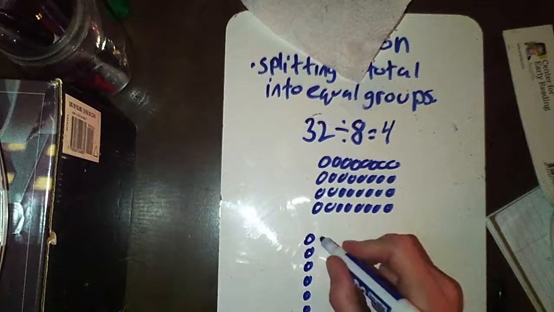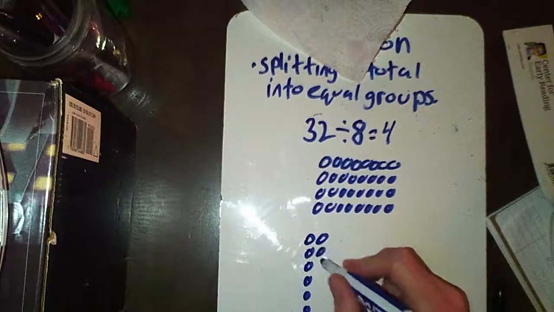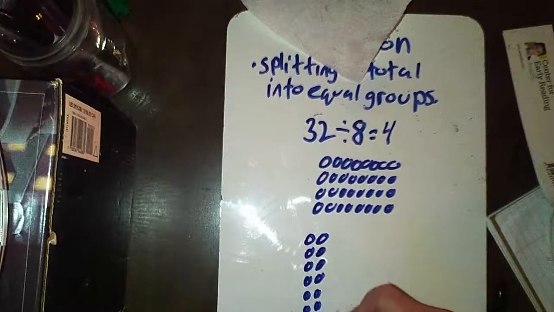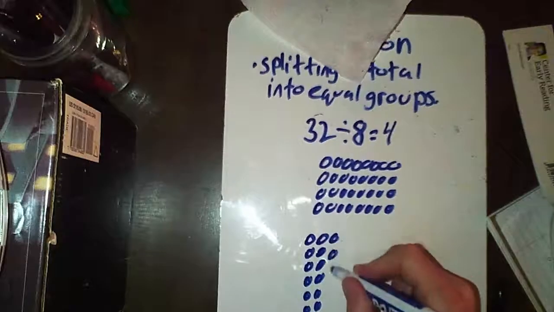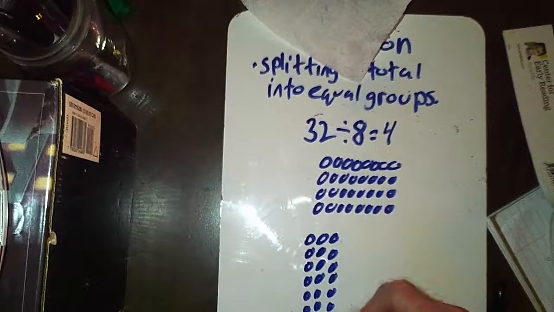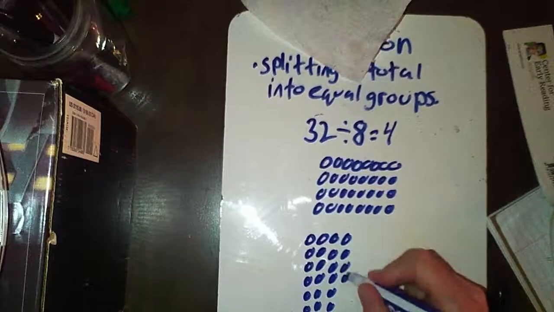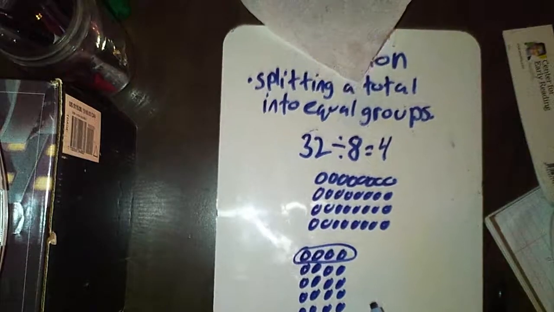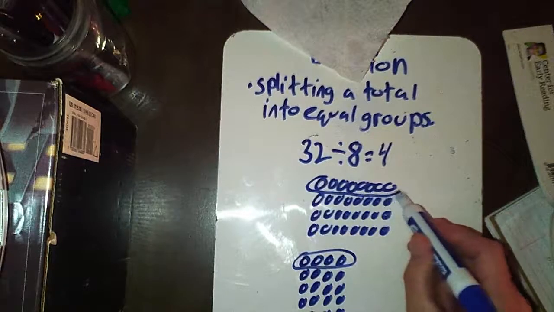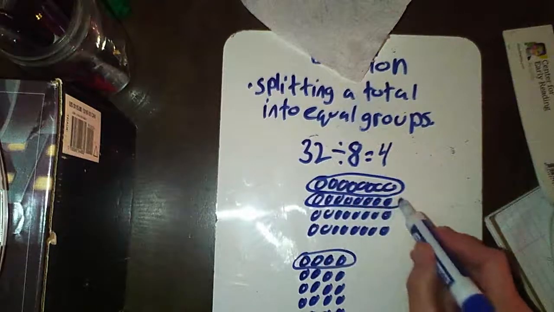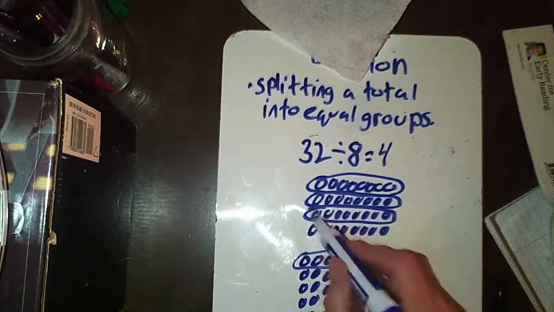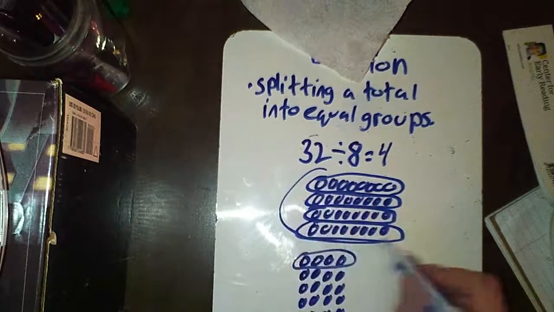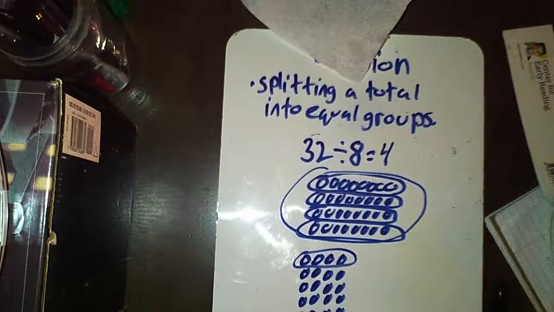And we know we're going to make these groups of 8 till we get to 32. 16, 24, 32. And now you can see that there's 4 in each group. Either way, you can see that 32 divided by 8 equals 4. Here, when you make 32 with groups of 8, you get 4 groups. This is probably the easier strategy. We'll probably stick with doing this, right?